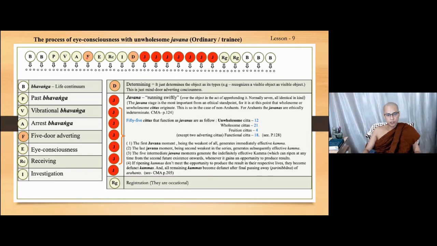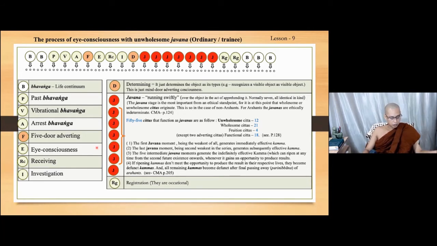Different from the eye consciousness: at the moment of eye consciousness, how many mental factors arise? Only 7, because the eye consciousness is one of the dvipancavinnana, the last group of the combination of rootless consciousness.